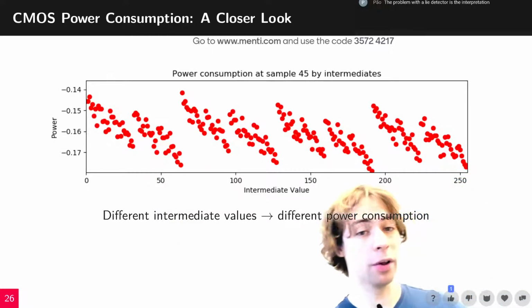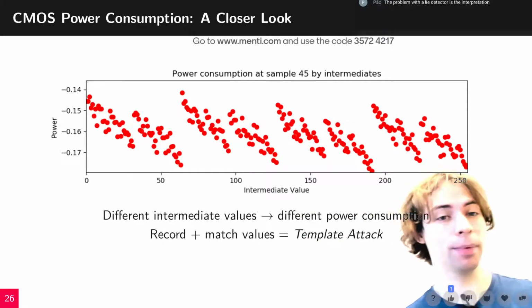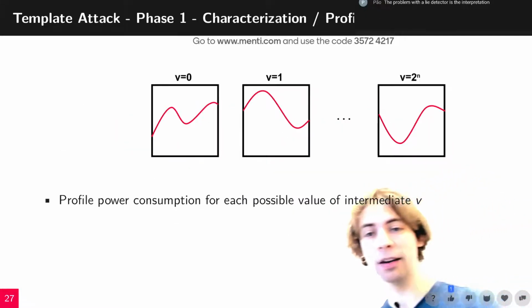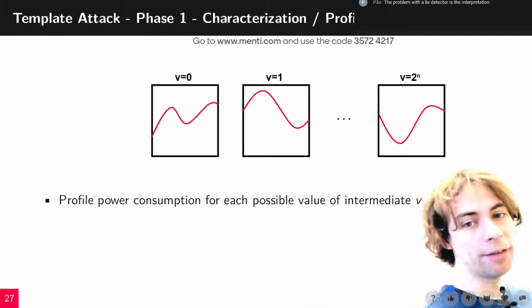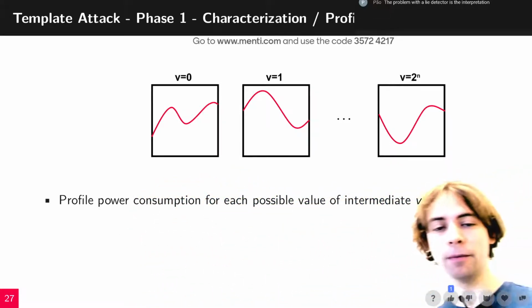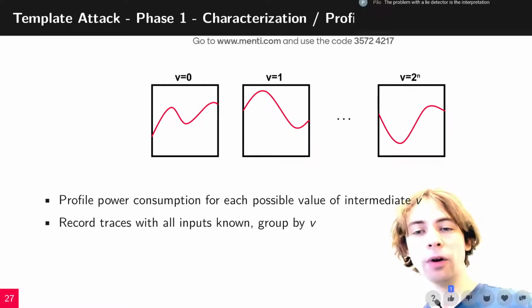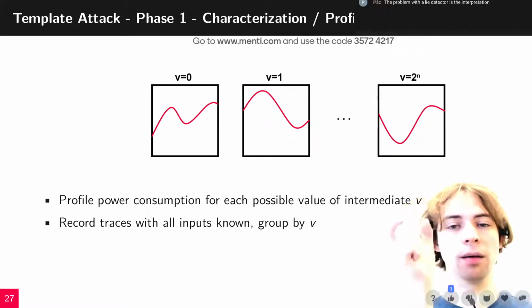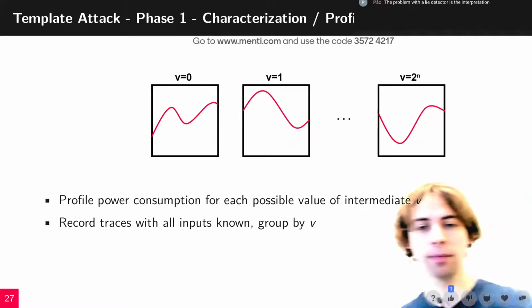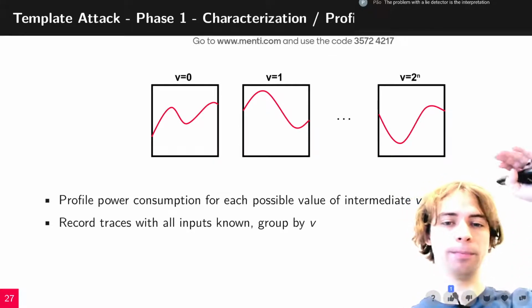So what you can do now is record and match these values, and that's the template attack. The idea is that you profile the power consumption for each possible value of this byte v, and then you record traces with all inputs known, and you group them together by v. So you generate a lot of traces, then group them by v.